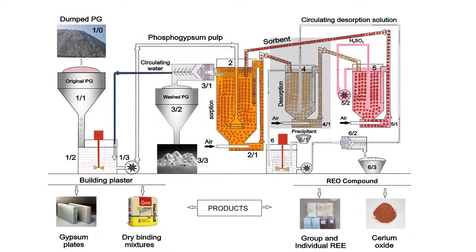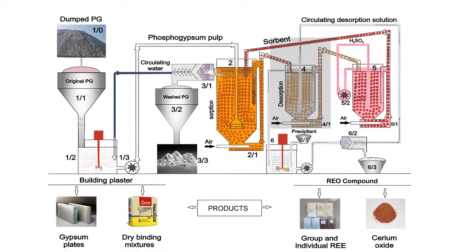At the fourth step, desorption of REO is carried out. For this, saturated sorbent from the column, position 3, enters from above into the desorption column, position 4, and the desorption solution is continuously fed through the distribution comb down the column 4. Desorption of REO is carried out at counter-current flow of desorption solution and sorbent, respectively solution bottom-up and sorbent top-down of the column.